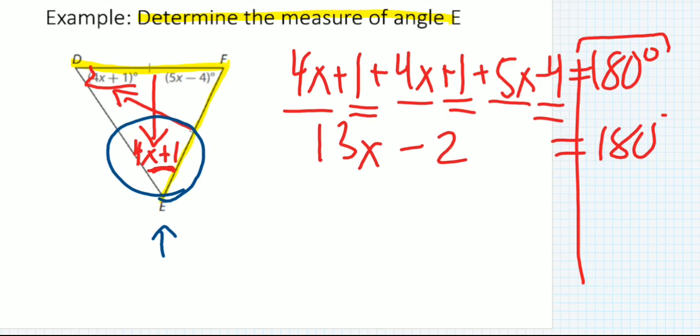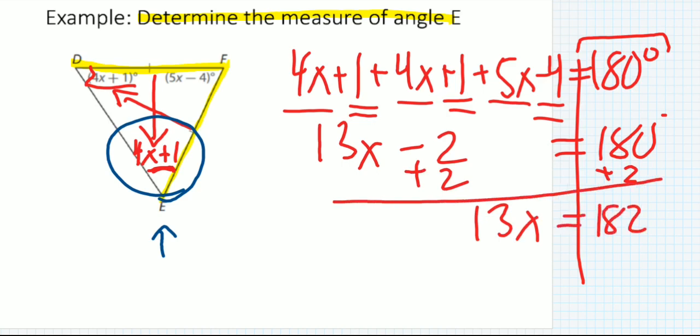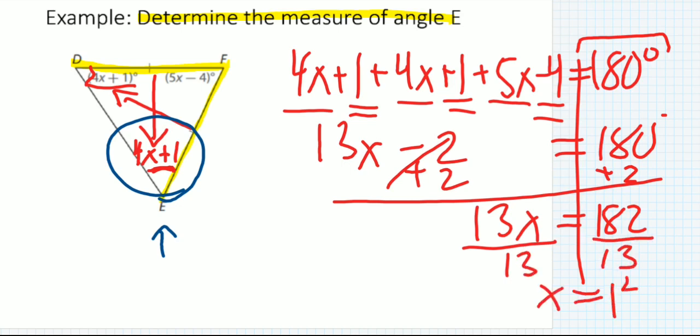Then we solve: add 2 on both sides. We get 13x is equal to 182. Then we do 182 divided by 13 on both sides, which, no, I don't have that memorized. x is equal to 14 after plugging into my calculator.